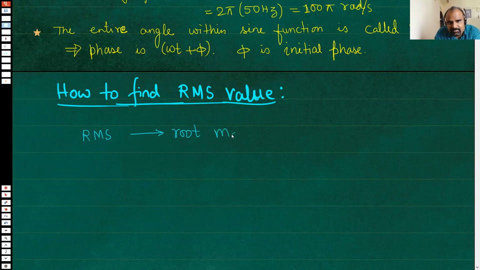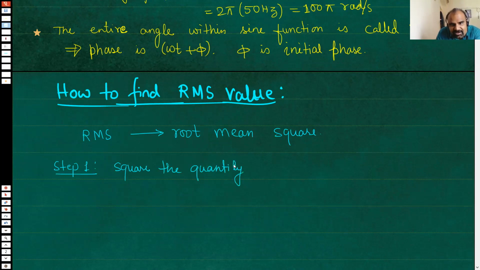We all know it, root mean square. In order to find RMS, first step is square the quantity. Like you want to find RMS value of the current, so square the current.